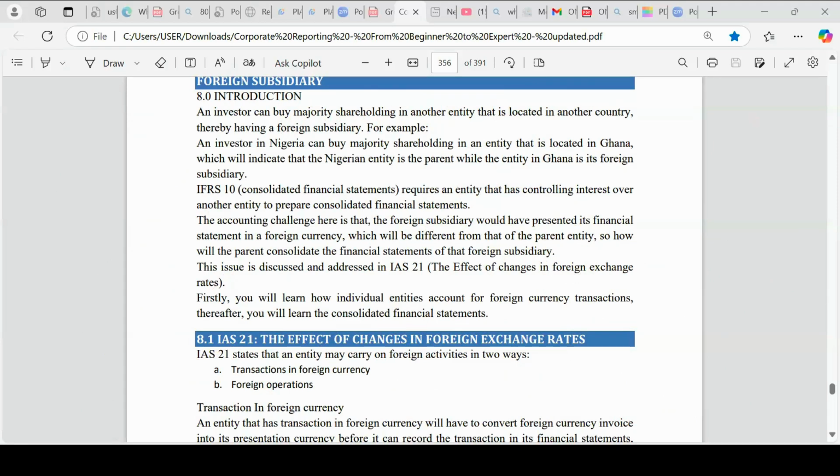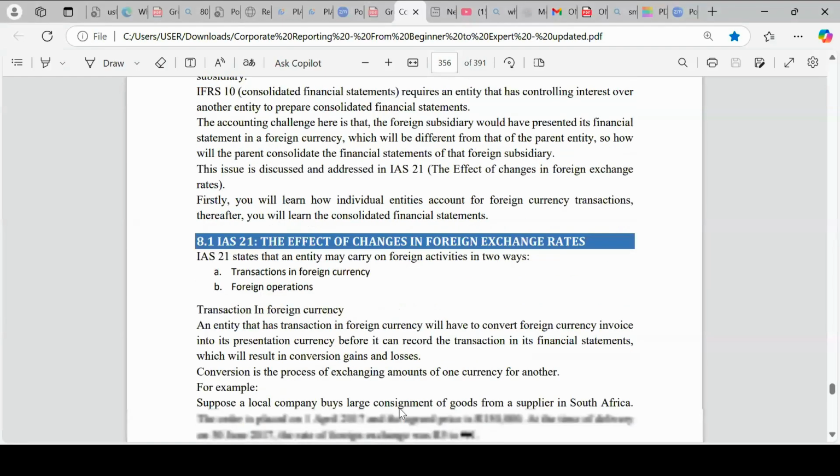The second instance where we apply IAS 21, which will probably not have been touched too deeply at the point when you were writing FR, is foreign operations.